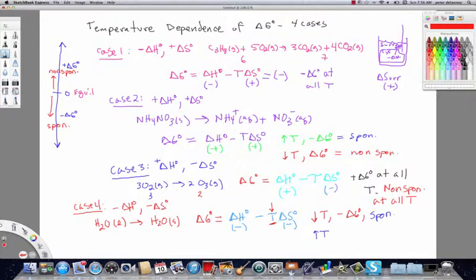As we increase the temperature, the positive magnitude of this product eventually is going to overcome the energy that's being released from the system, which drives the delta S of the surroundings, and it's going to make the delta G positive. So the consequence of high temperature is going to be a positive delta G naught, and as a result, at high temperatures, this process is going to be non-spontaneous.